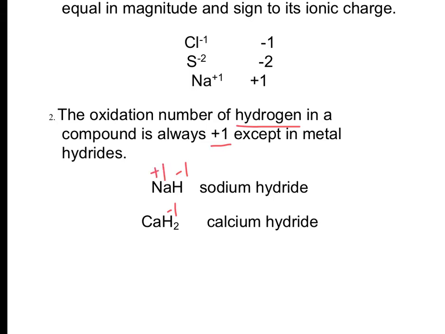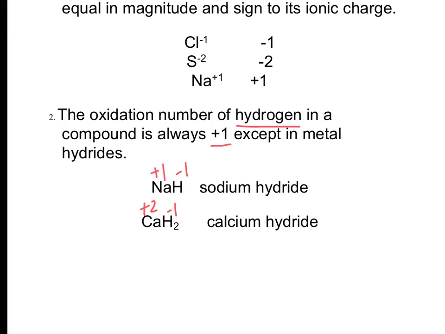It would just take on its ionic charge because these are ionic compounds. And then, for example, this one, if the hydrogen in this case is -1 and there's 2 of them here, then that will make the calcium to be +2, so that whole entire compound will equal 0, okay? But the main thing that I want you to know for rule number 2 is that hydrogen will be +1. Once again, these are the exceptions that I listed here to just show you what the exception would look like.